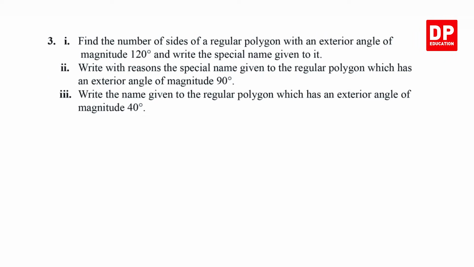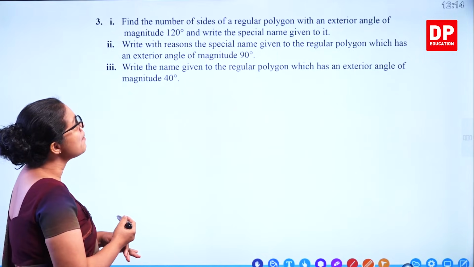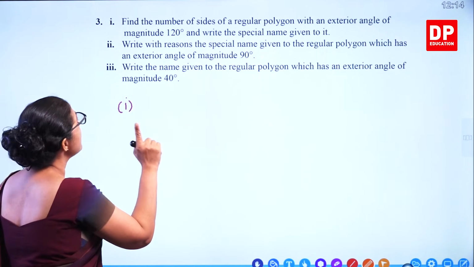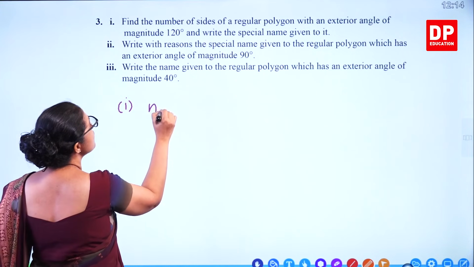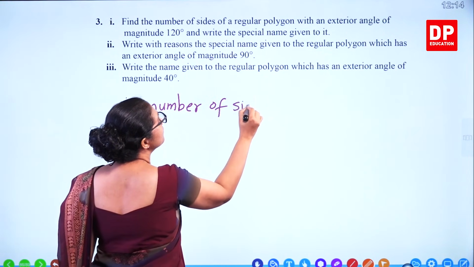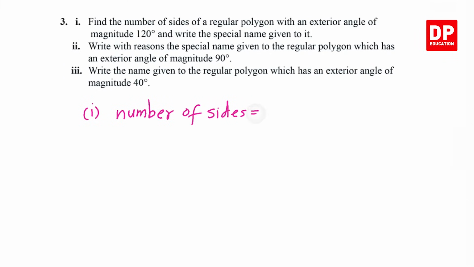Find the number of sides of a regular polygon with an exterior angle of magnitude 120 and write the special name given to it. So exterior angle is 120. So you can find straight away the number of sides. 360 is the sum of exterior angles of any polygon.